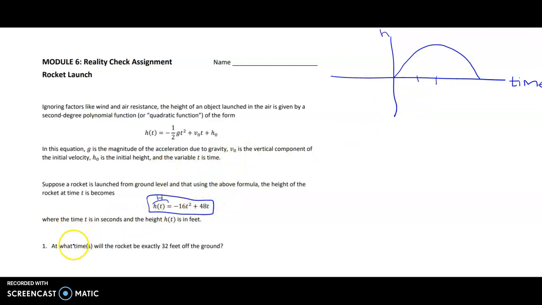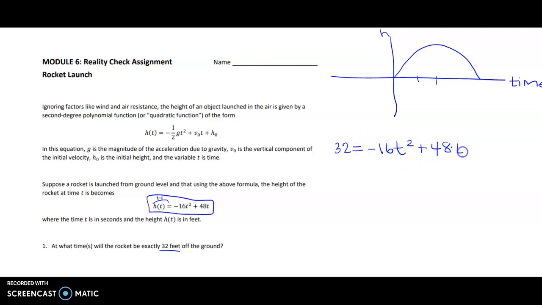So the first question says, at what time or times will the rocket be exactly 32 feet off the ground? If you remember, our h of t means height, so in this case that would be our 32 feet. Basically it's saying, when is the height 32? So we're just going to put 32 in for h of t, set equal to negative 16t squared plus 48t.